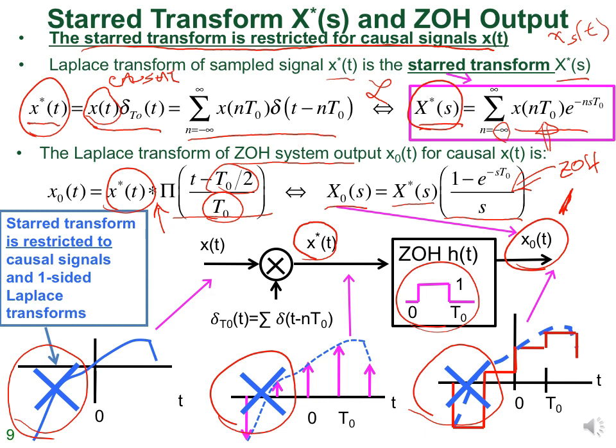One last thing, do not confuse this star with a conjugate. This is not a complex conjugate. This is star transform notation. So x star of s, x star of t, both of those indicate star transform.